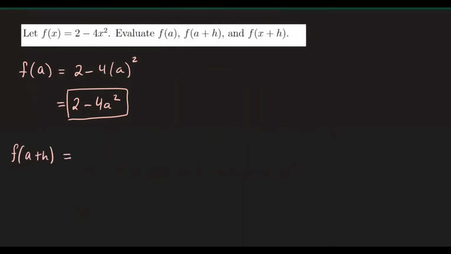We're going to replace a plus h because that's our new input for x. So that will give us 2 minus 4 times a plus h squared. Now here, a plus h squared, we have to expand that before we distribute the 4. So we have 2 minus 4 times a squared plus 2ah plus h squared.